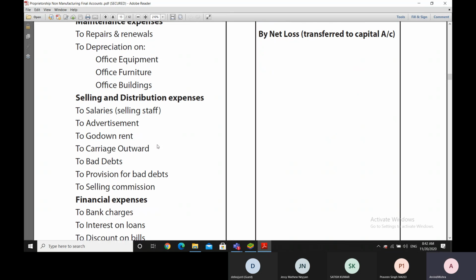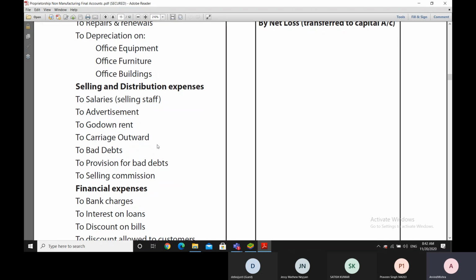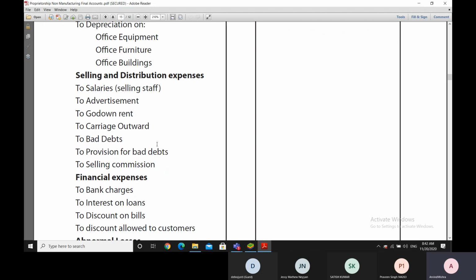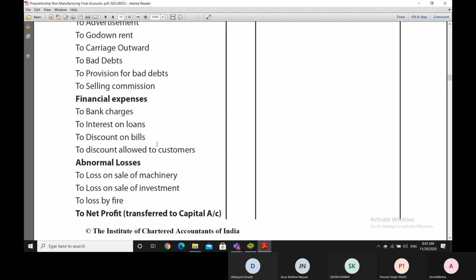Selling expenses relate to advertisement, the rent of the godown, the salaries of the selling staff, and the carriage outward in certain cases, bad debts, provision for bad debts, selling commission, and some financial expenses also, like bank charges, interest on loans, the discount that is given on bills of exchange, and discounts allowed to the customers, etc.